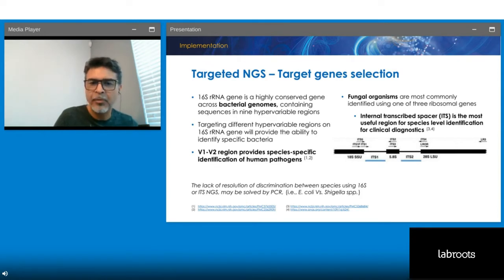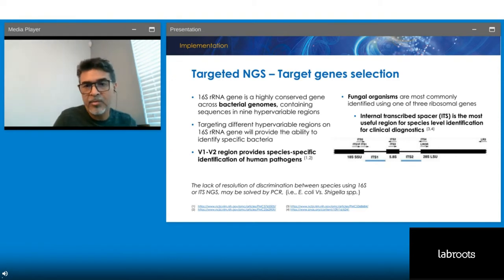An example of that is creating a primer for E. coli or a primer for Shigella. When the NGS detects E. coli or Shigella, the PCR can resolve that discrepancy. And that can happen not only with these organisms, but also with mycobacteria and fungi.